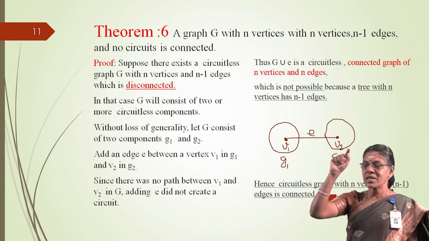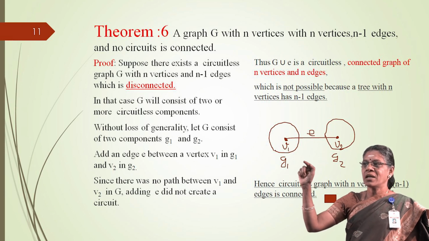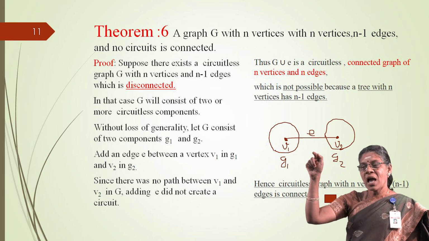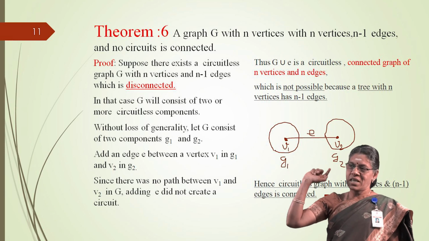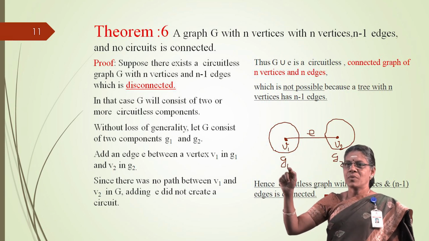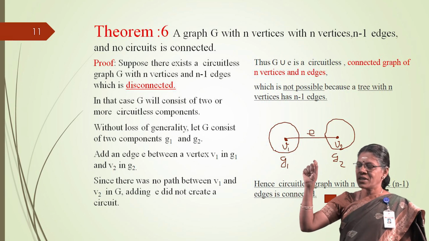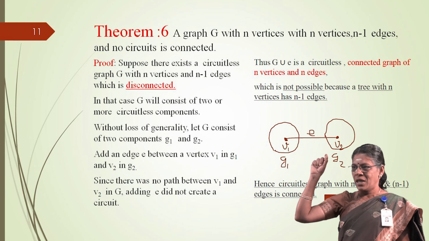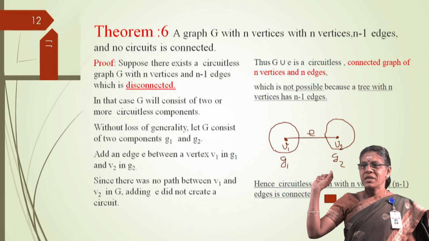If you take it as disconnected, we have a contradiction: a connected graph of n vertices and n edges, which is not possible. So n vertices with n minus 1 edges and no circuit means it must be a connected graph. Very important theorem.